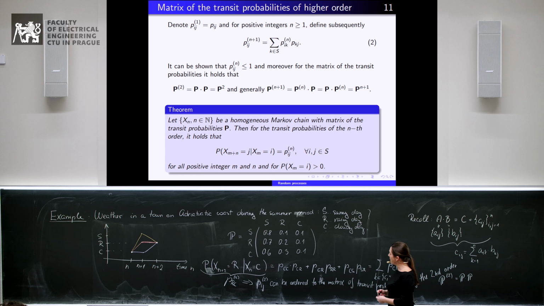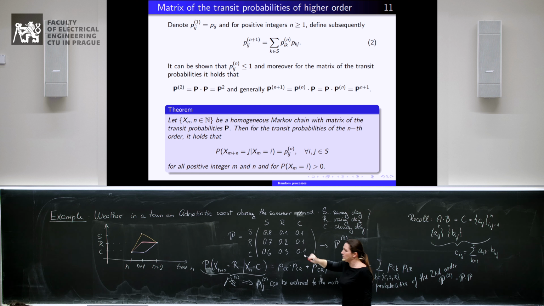So in our case, when we want to construct the matrix of transit probabilities, it is the product of this matrix with this matrix, and we obtain the following.